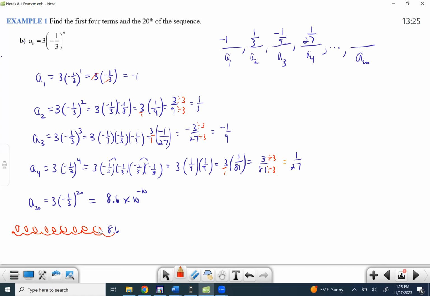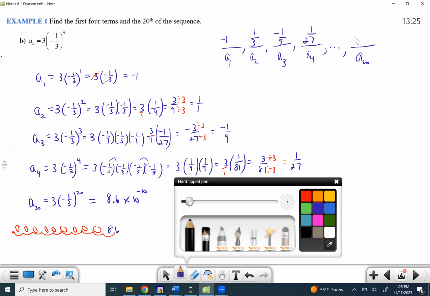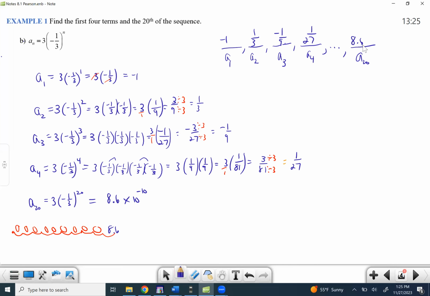So it's that small of a number, which makes sense because the denominator is going to just keep growing and growing and growing. Look at our sequence so far, while the top stays a 1. So we are going to head towards 0. So that makes a lot of sense. Okay. So I'm just going to leave it in scientific notation. You can see why nobody wants to write that ugly decimal that I just put. So we'll leave it like that.